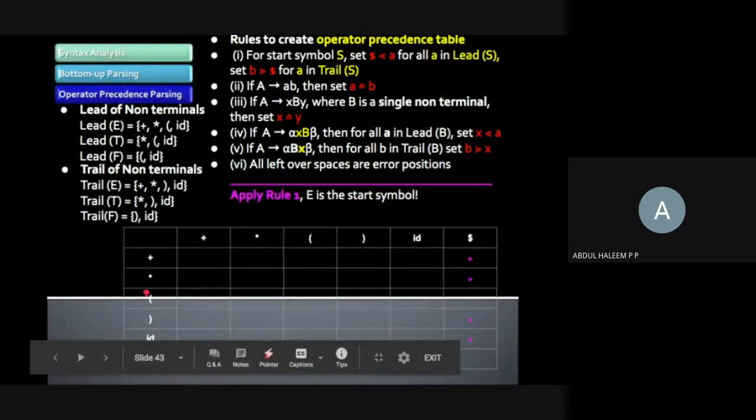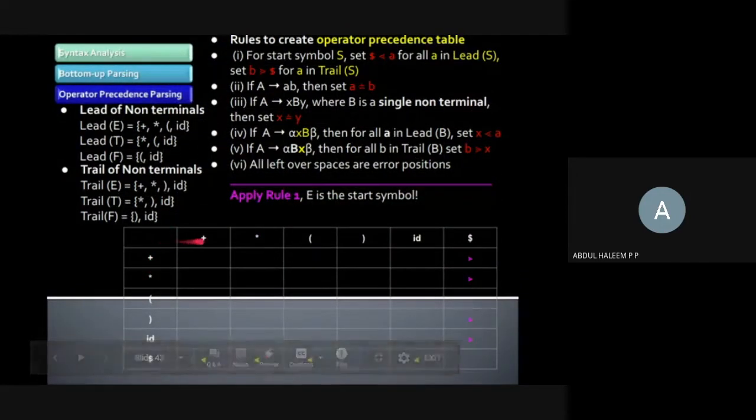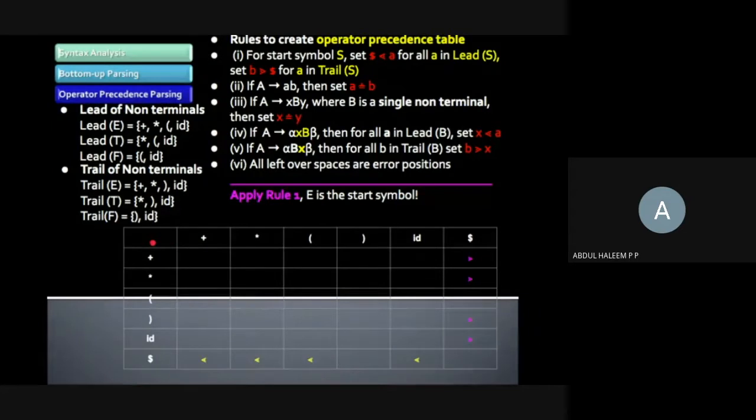Now we can see that, okay, you can note it down. We will solve it together. So see, lead values you can note down, rules you might have noted down already. Lead elements and trail elements for ready reference, you can keep in the same page itself.